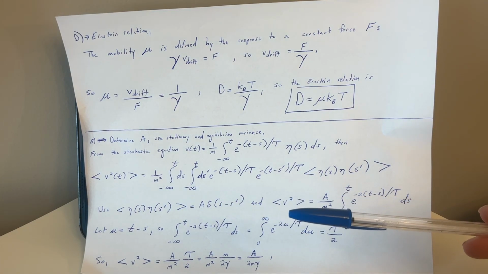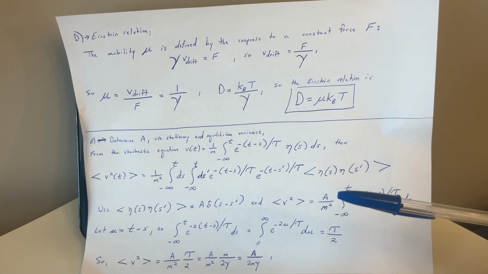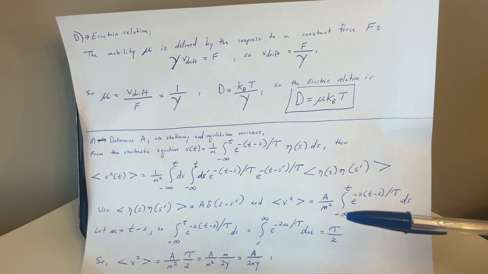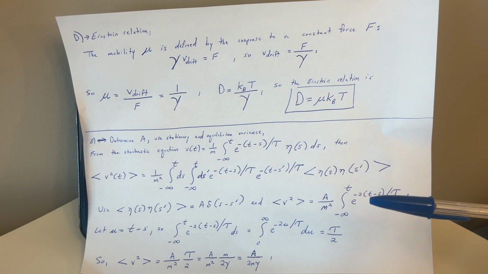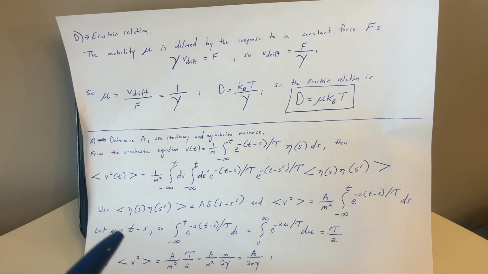And the expectation value of v squared equals A over m squared times the integral from negative infinity to t of e to the negative 2 times t minus s over tau ds.